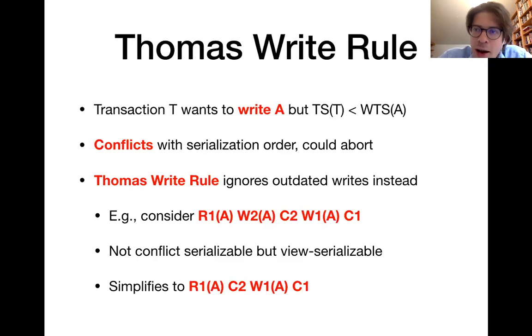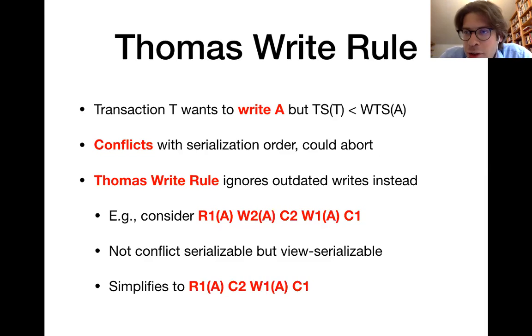So clearly we cannot allow the transaction to proceed with the write. But on the other side, we don't really have to abort the transaction either, because we can just say this transaction would have written some value to object A. Analyzing the read timestamp, we can see that the value of object A written by the transaction would never have been read.